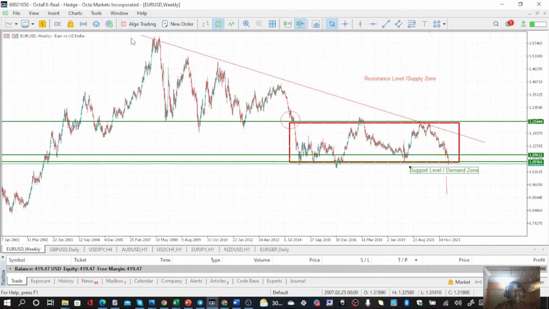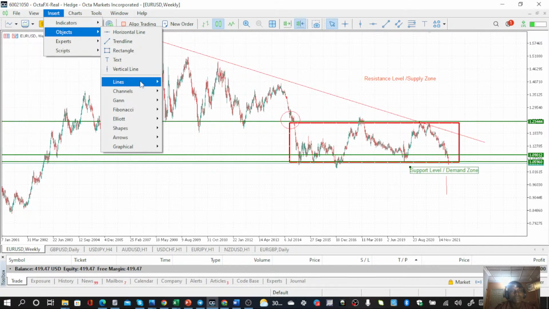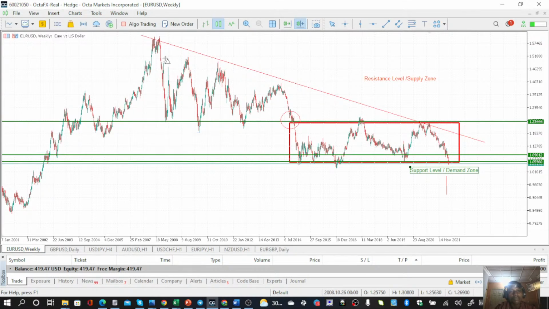If you look at it from here, let me draw that out. Can you see what I'm trying to draw out here? A descending triangle.